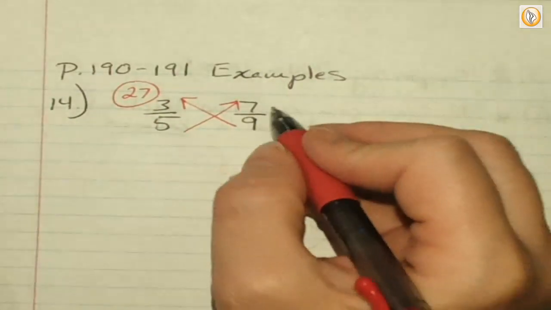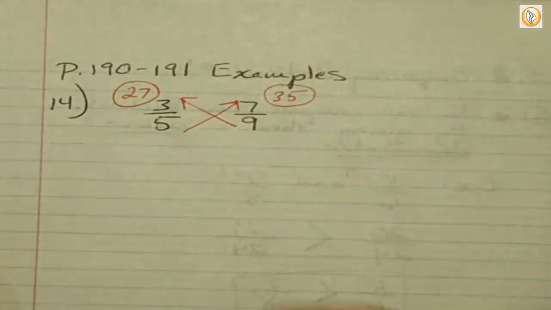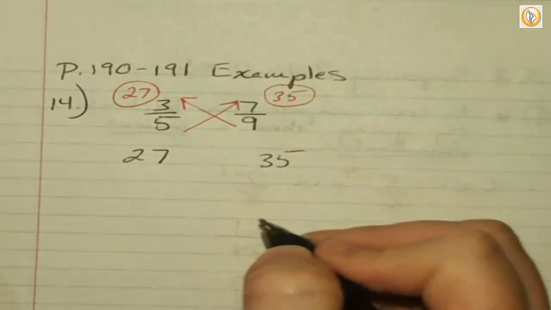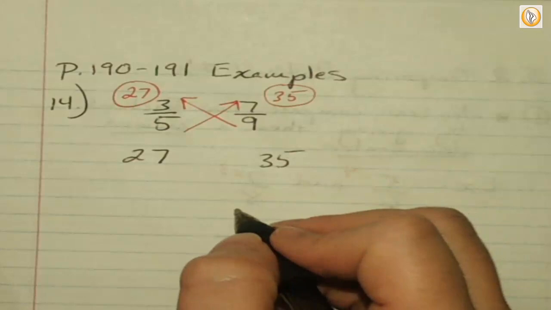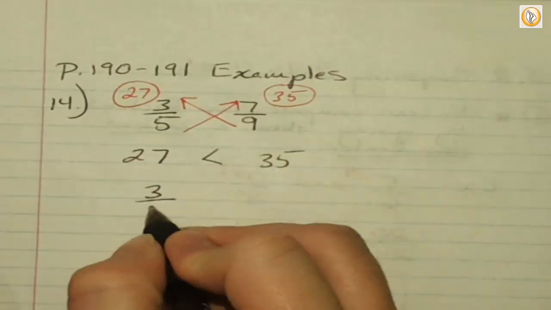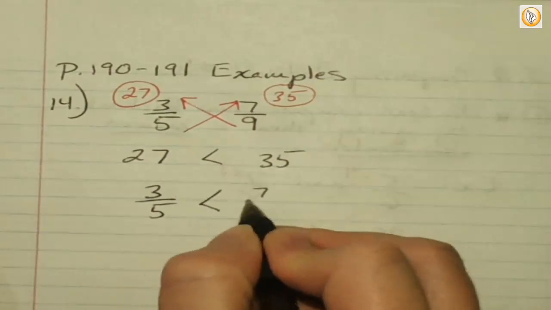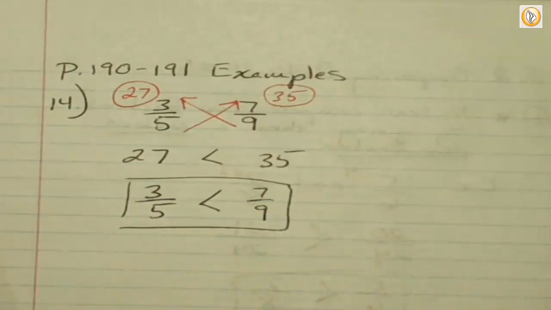Cecilia, what's 5 times 7? 35. So I have 27 on this side and 35 on this side. Cecilia, which one's larger? That's right, the 35. So your answer is 3/5 is less than 7/9. Very good.